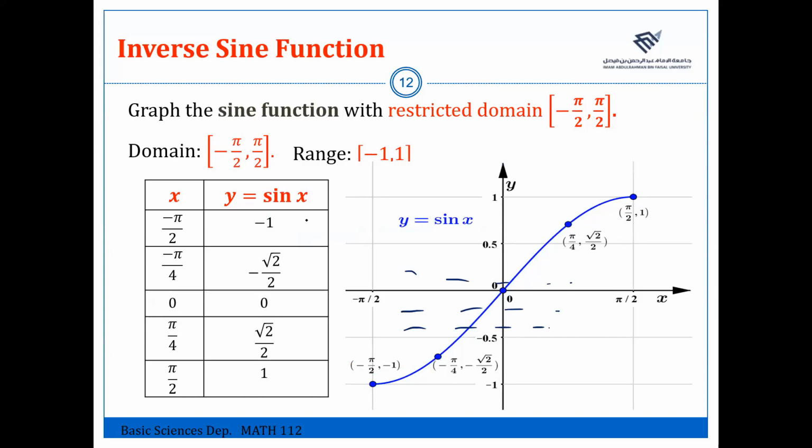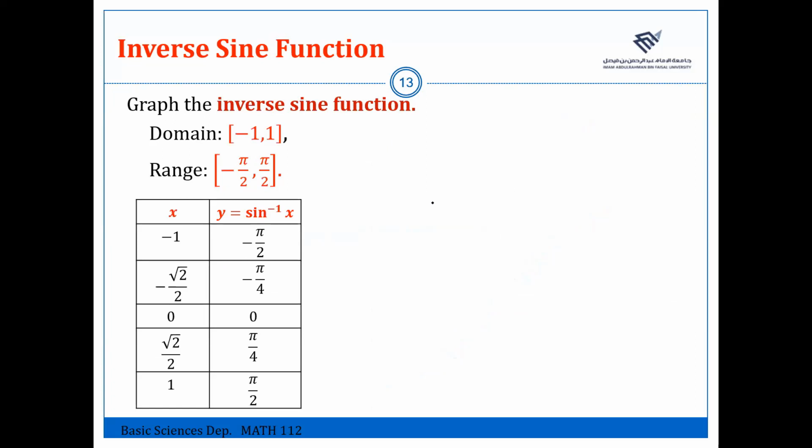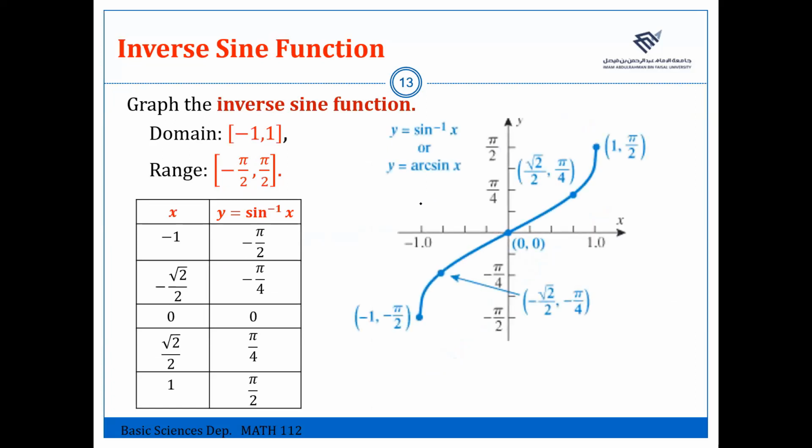So this is sine. How to define sine inverse? We interchange x and y. So this is sine x, and this will be sine inverse of x. So sine inverse of -1 is negative pi over 2. And we get the graph of sine inverse, or in some references, it's also called arc sine.